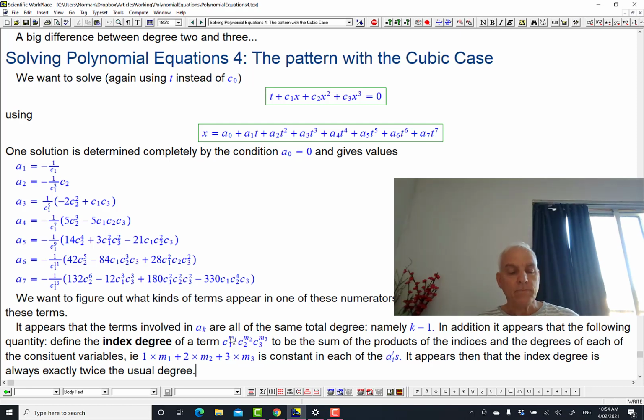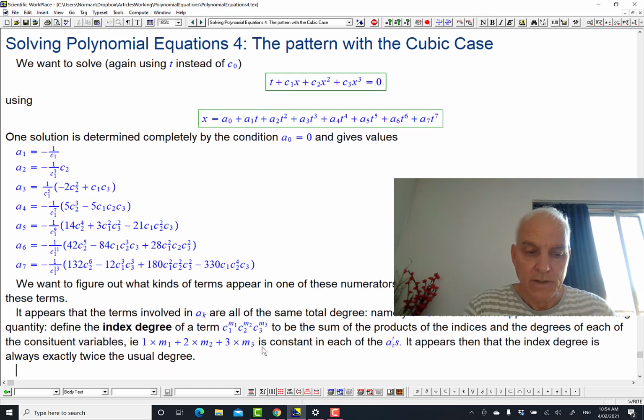Now, are we getting all such? We've said that all the terms that are appearing here are of degree, whatever they are, and of index degree, whatever they are. So for A7, the total degree was 6.